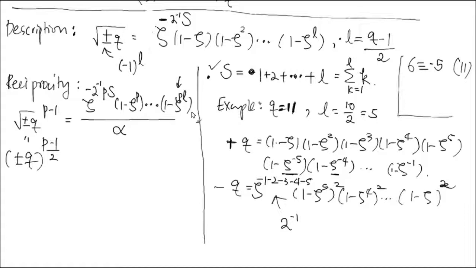So if Q is 11, then we're going to consider the P is 1 mod 11 case, 2 mod 11 case, all the way to the 10 mod 11 case, right? And see what happens. In all of the cases, it turns out they all reappear in a certain order.